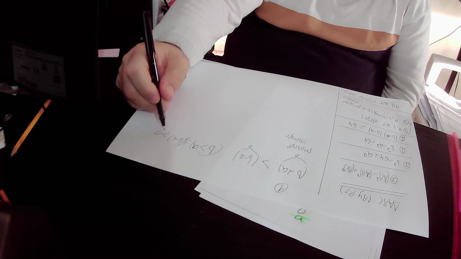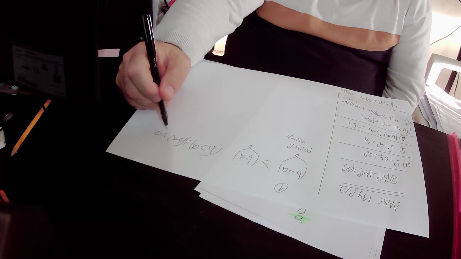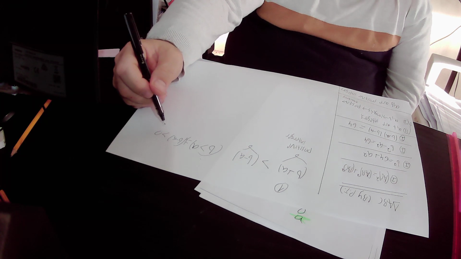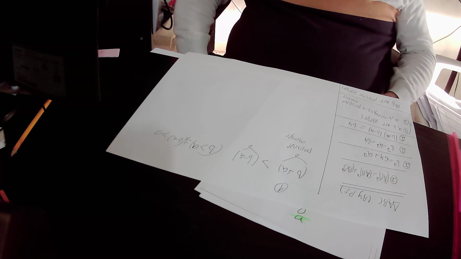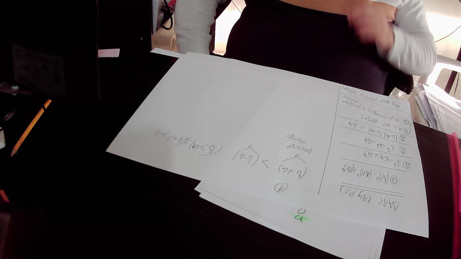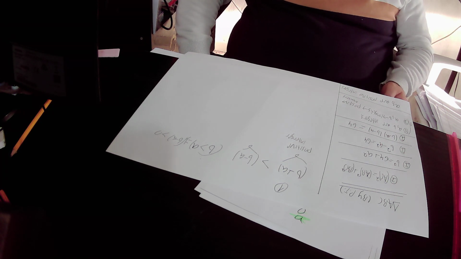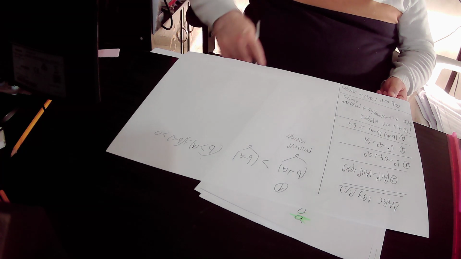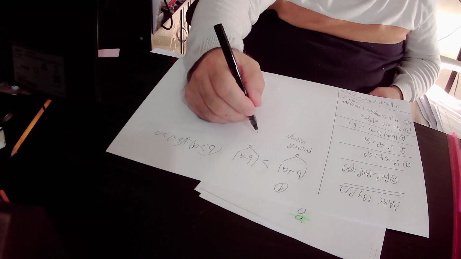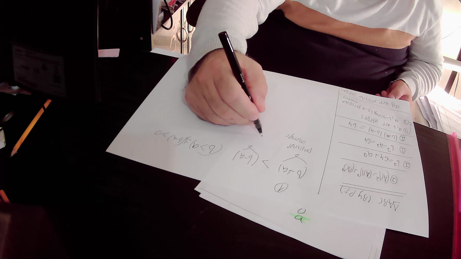That is to say, B minus A is a positive number, but because B is a positive integer and A is a positive integer, if B minus A is positive, it must also be a positive integer. So we can conclude that B minus A is a positive integer.